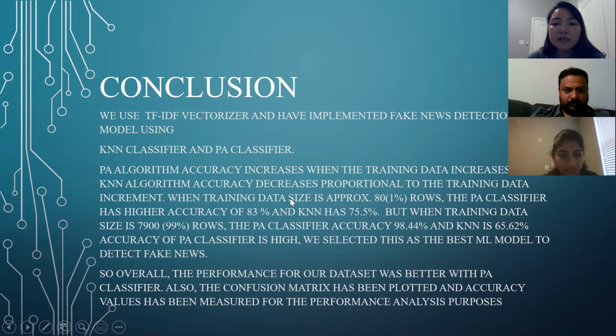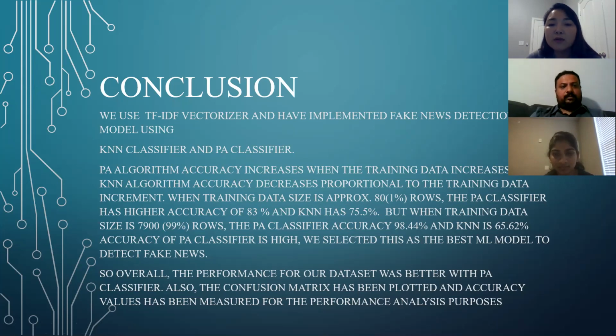When the training data size is approximately 80 rows, the PA classifier has a higher accuracy of 83%, and KNN has 75.5%. But when the training data size is 7,900 rows, the PA classifier accuracy is 98.44%, and the KNN is 62%.